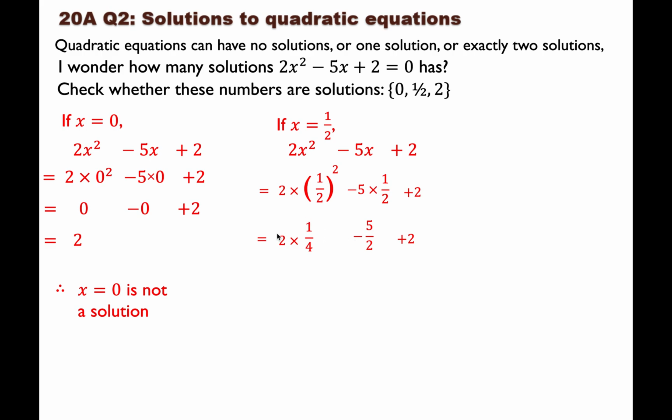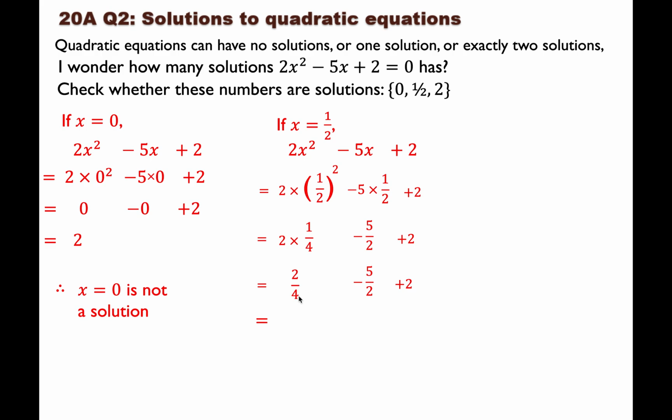We can do the same trick here. There are a few ways to think of this. You can think of it as 2 quarters. Well, obviously that's a half. Or you can do 2 times 1 on the top and leave the 4 on the bottom. We'll just copy down the rest. And then we keep going. You can do this in many different ways. You can simplify this fraction. You can add them as fractions. I find it easier to think in decimals.